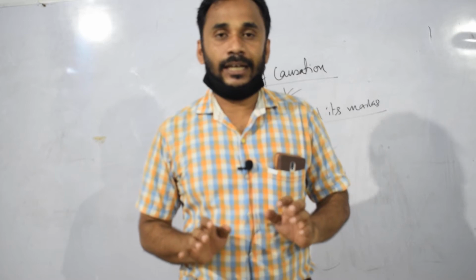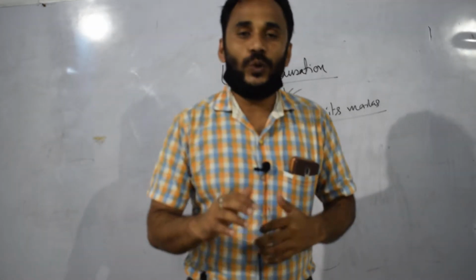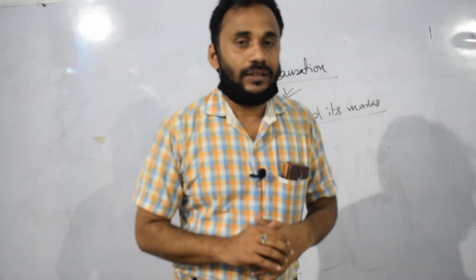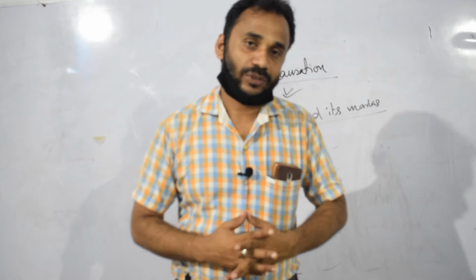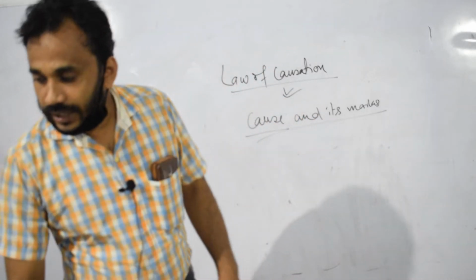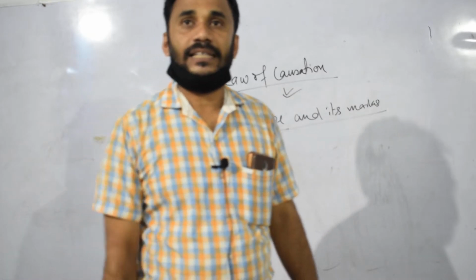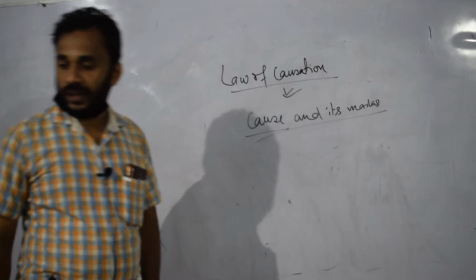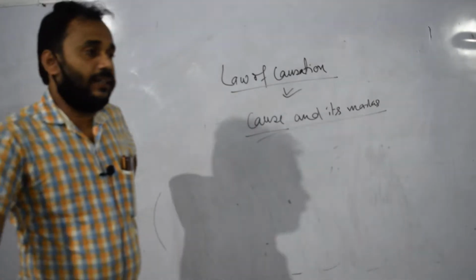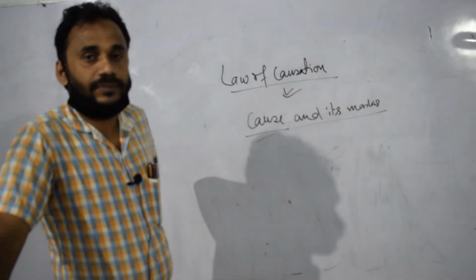Here, two or three of these definitions are important. A famous logician, J.S. Mill, gives two definitions.